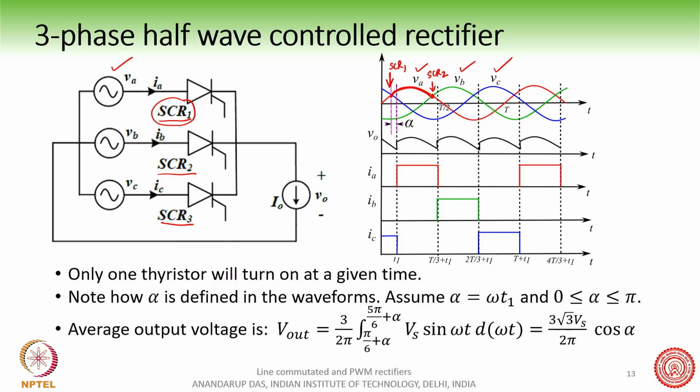So this is the point from where we define what alpha is. This point here indicates alpha equal to 0, because that is the point from which SCR 1 can be easily fired. If you fire SCR 1, the output voltage will come. You can see here the V0 voltage follows VA, then it will follow VB, and then it will follow VC, and then it will repeat. So we have to be careful: this point here is alpha equal to 0.